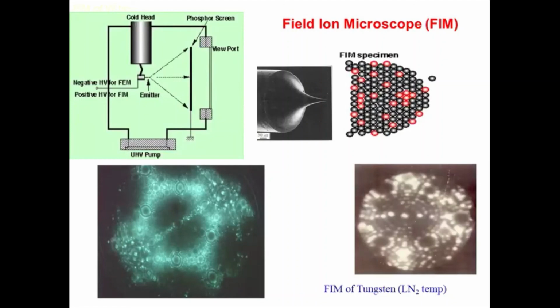This was the first microscope which displayed an image of a solid surface on the atomic scale. It means we can see the atoms. Again, for students, if there are student participants, how do you understand this statement, I can see an atom? Here, the context of looking or seeing is very different.